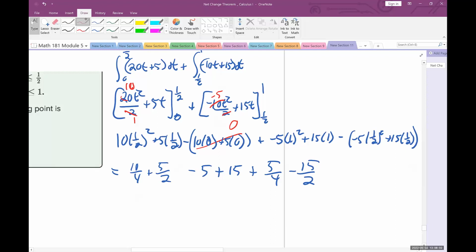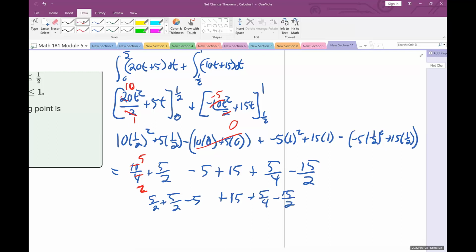And then 10/4 would reduce to 5/2. So 5/2 plus 5/2 minus 5 plus 15 plus 5/4 minus 15/2.